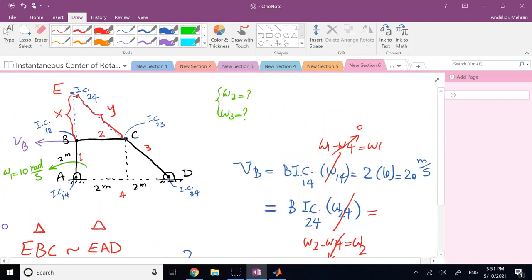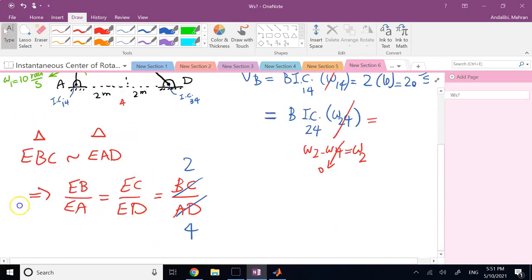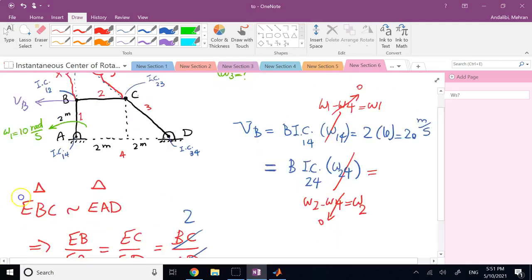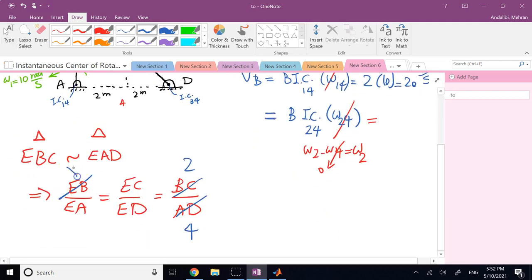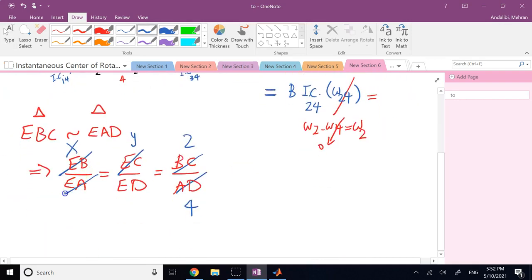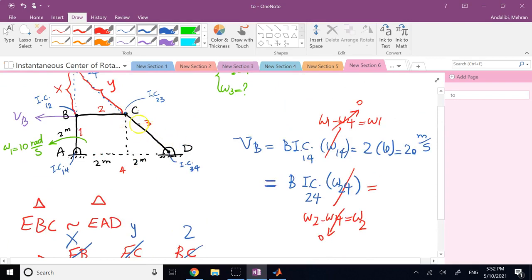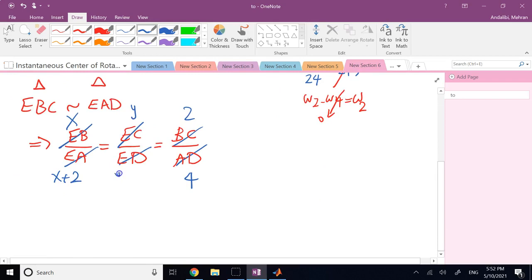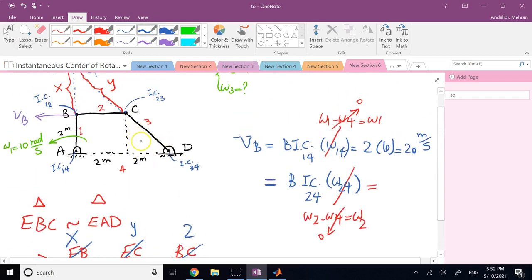EC is Y, the other one, EB, is X. EA is the sum of EB and BA, so it's X plus 2. And ED is Y plus the length of member CD. And the length of member CD, since you can see here, this is 2 and this is 2.